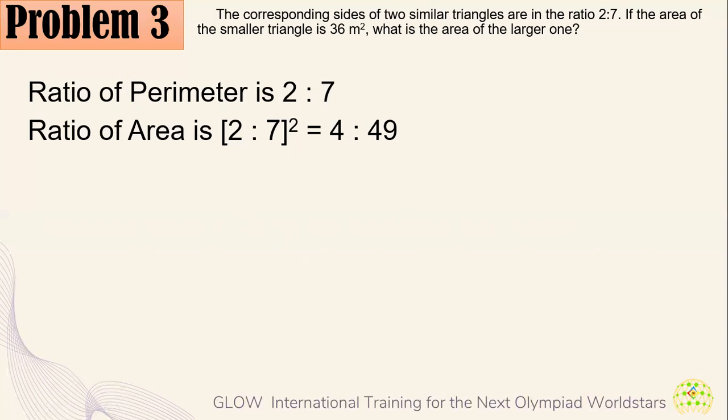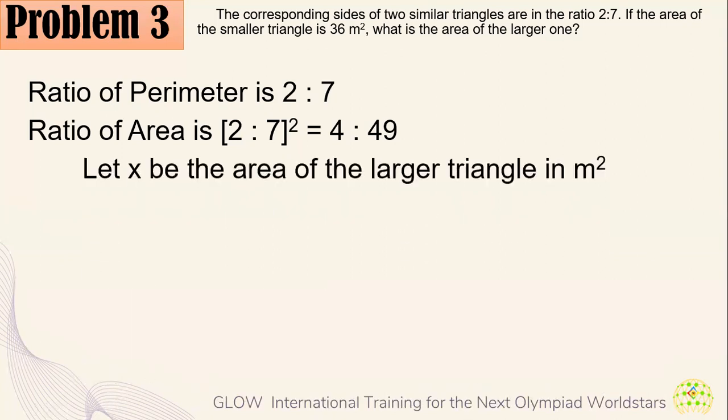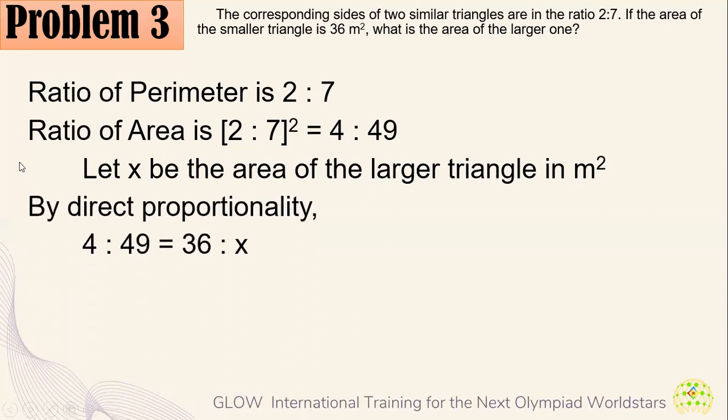And now, we know the area of the smaller triangle, and let x be the area of the larger triangle in meters squared. So by proportion, we know that 4 is to 49, ratio of the smaller to the larger area, is equal to 36 is to x, smaller to larger area.